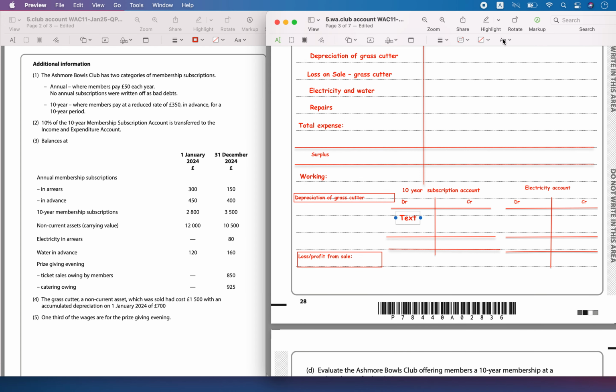So this is like an income account: the beginning balance was 2,800, and at the end the balance had become 3,500.